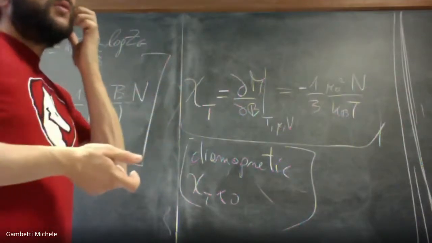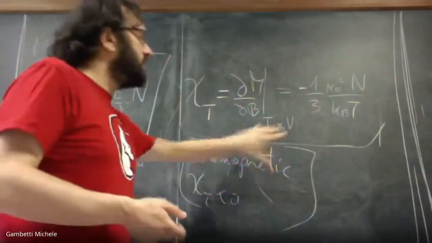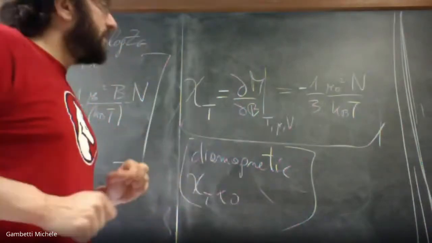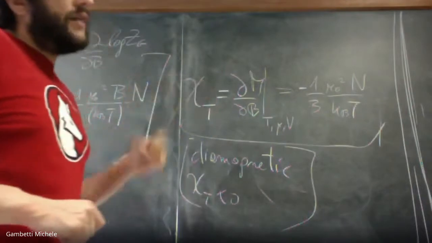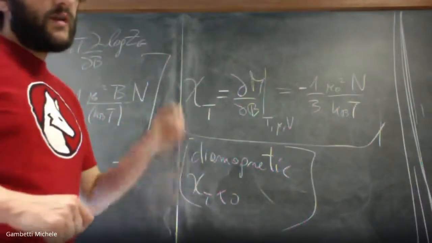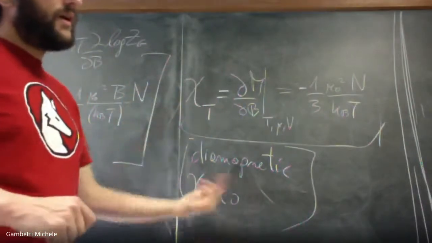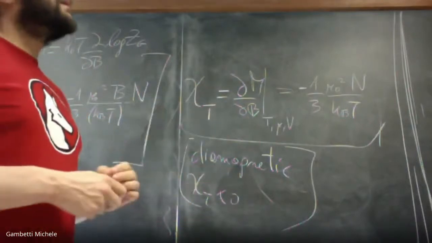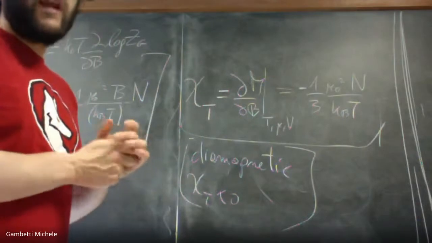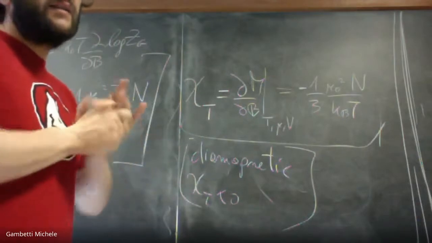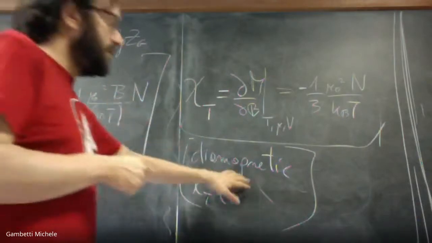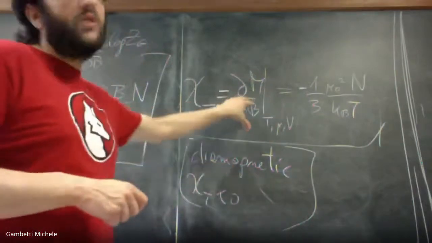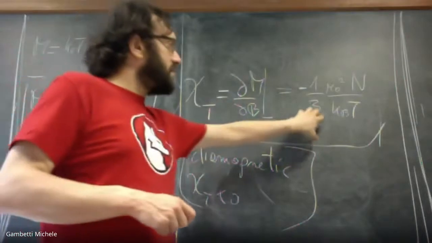So if you do the calculation by including this effect, which is the quantization of the trajectories, and the effect of the coupling of the intrinsic magnetic moment and the external magnetic field, then you see that in total, for a gas of electrons, paramagnetism will dominate, not diamagnetism. But there are some materials in which diamagnetism is the dominant effect, although it's a small effect.